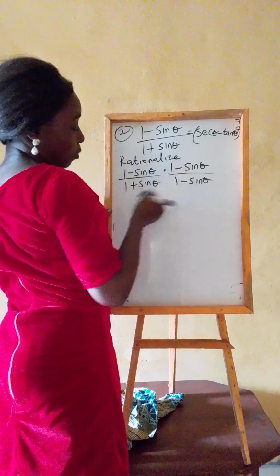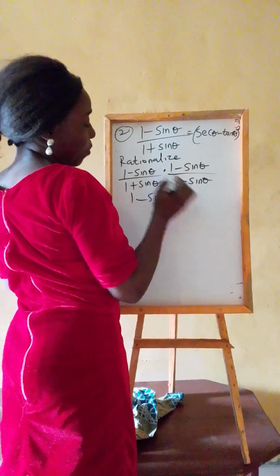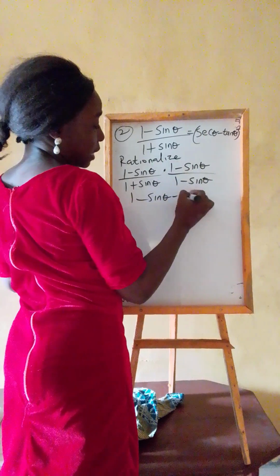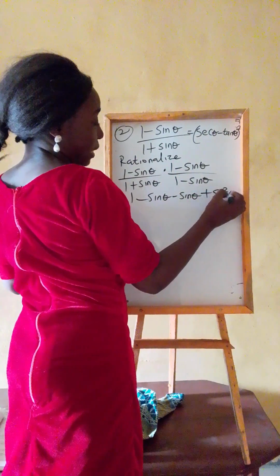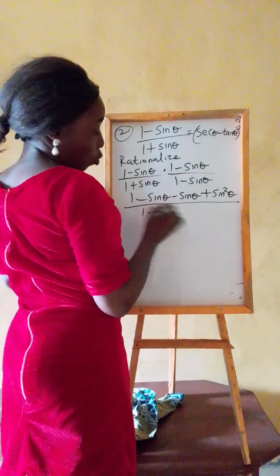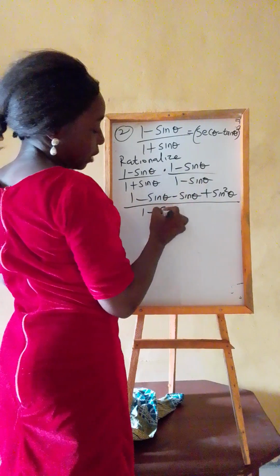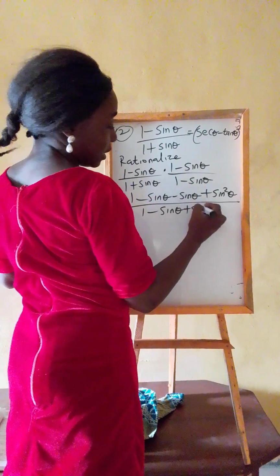So we have 1 times 1, 1, minus 1 times this, we have sin theta. This times this, we have minus sin theta. Minus times minus, we have plus sin squared theta. All over 1 times 1, 1. This times this, we have minus sin theta. This times this, plus sin theta.